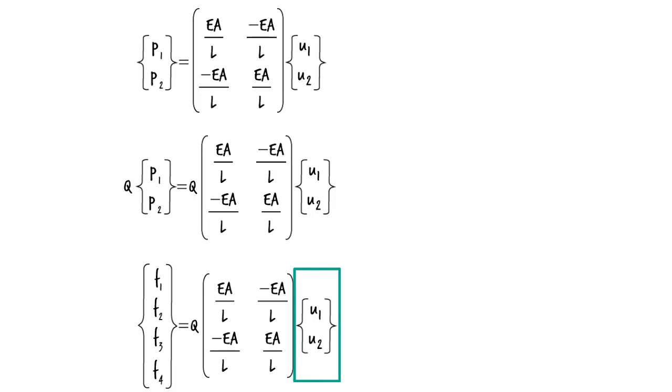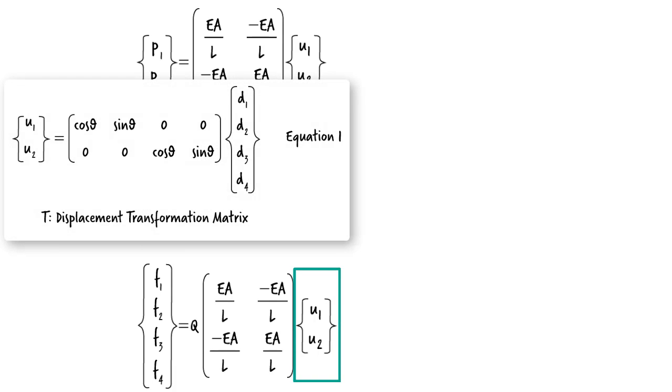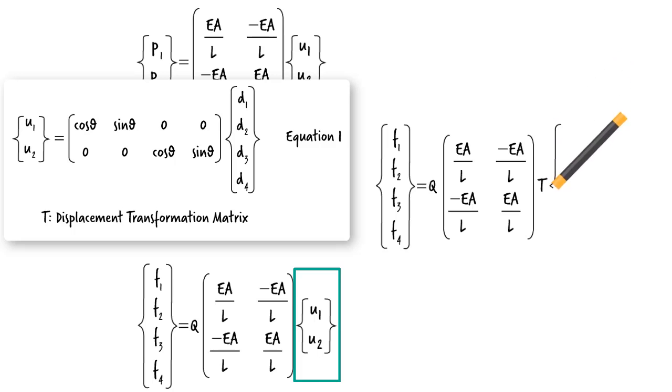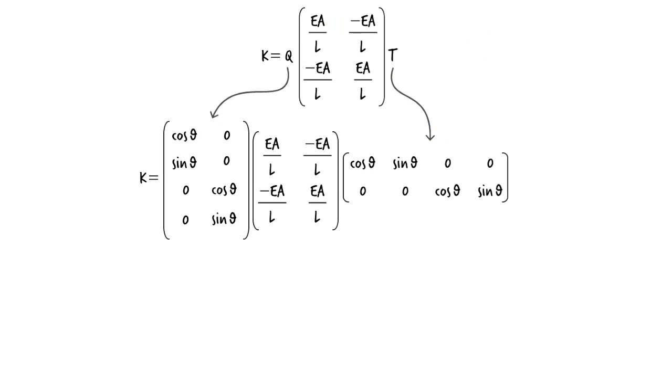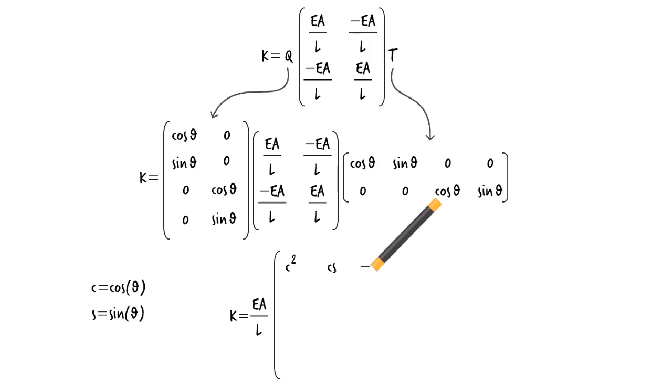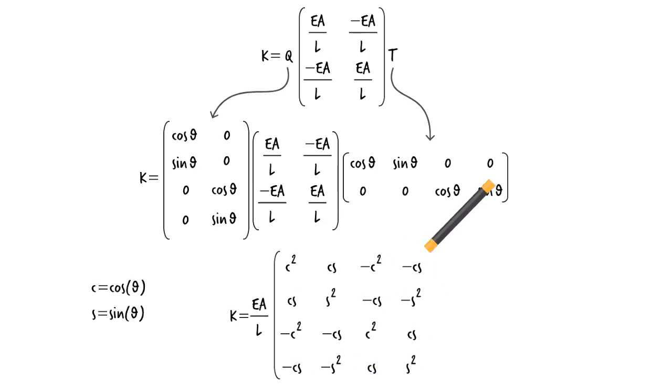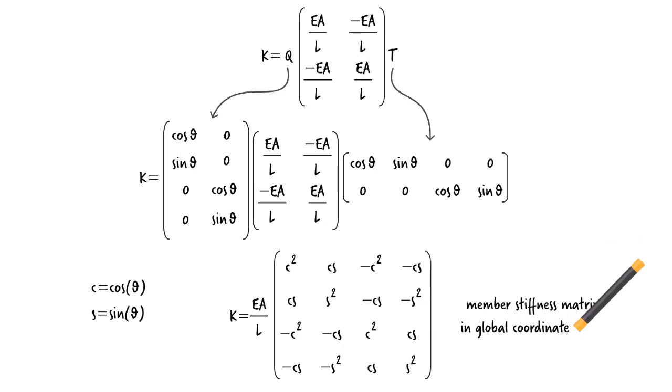Substituting the right-hand side of this equation with equation 1, we get: now, all that remains to be done is to determine the product of these three matrices. If we let C represent cosine theta and S be sine theta, the matrix product can be written as follows. This is the member stiffness matrix in the global coordinate system.